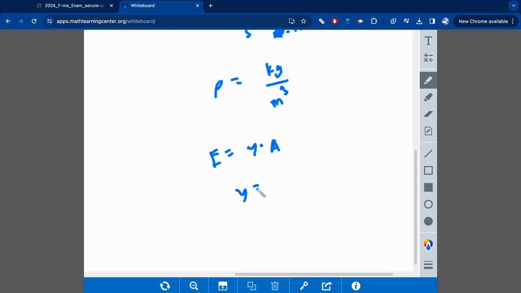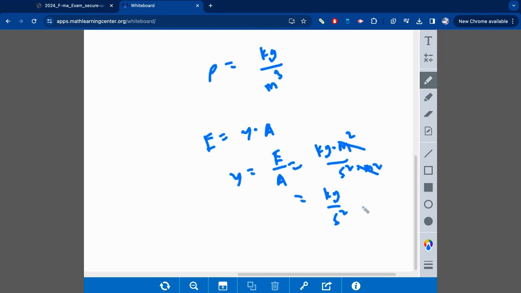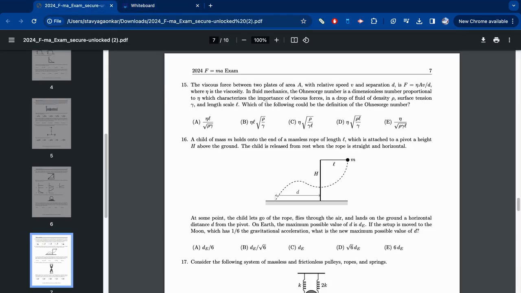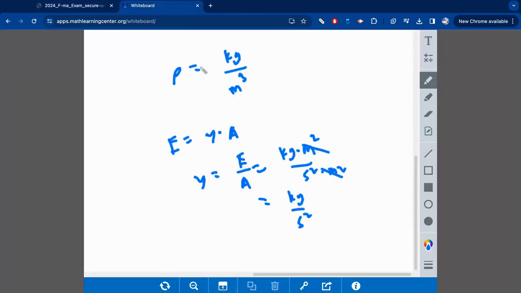So surface tension is just energy over area, which is kilograms per second squared, which basically means that surface tension is just force per unit length. And then length, well, that's just m.